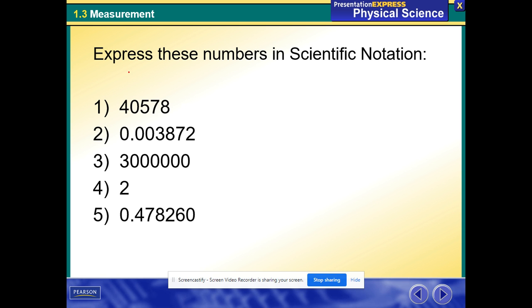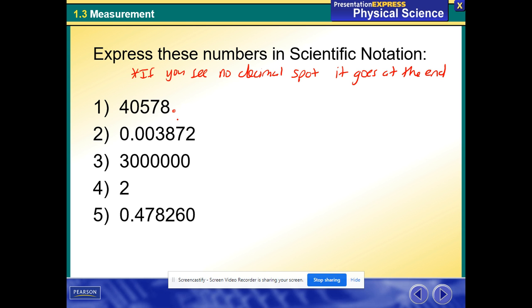Again, if you see no number or decimal spot, it goes at the end. In example 1, we have no decimal point listed there, so we can assume that it's at the very end.